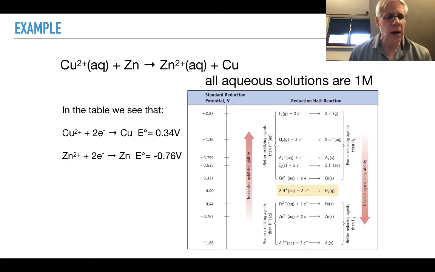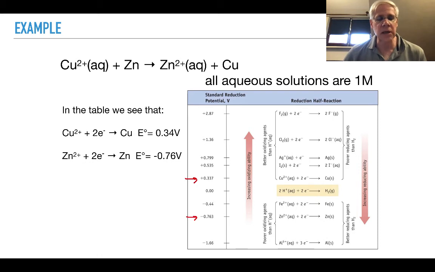Here we see that we have copper and zinc involved, copper 2 plus going to copper and zinc 2 plus going to zinc. So we just need to look up our zinc half reaction and our copper half reaction. For copper, we see that right there at 0.337. For zinc, we see it at negative 0.763.